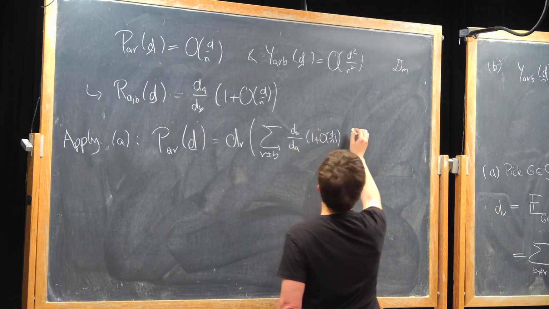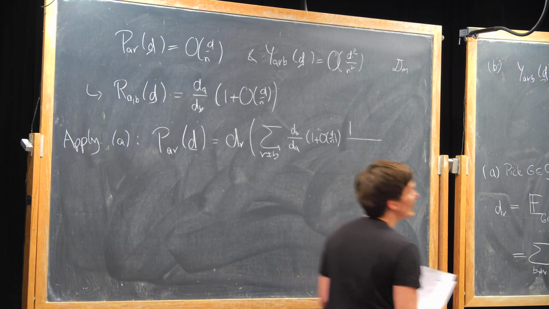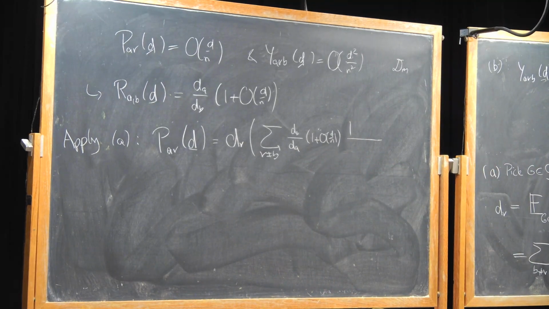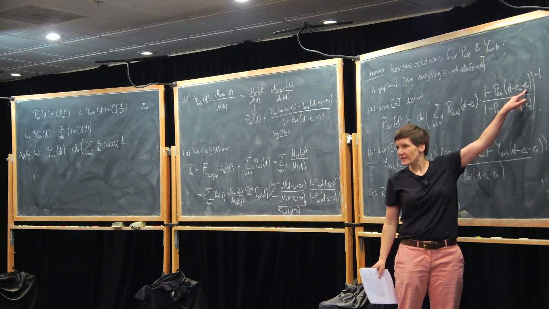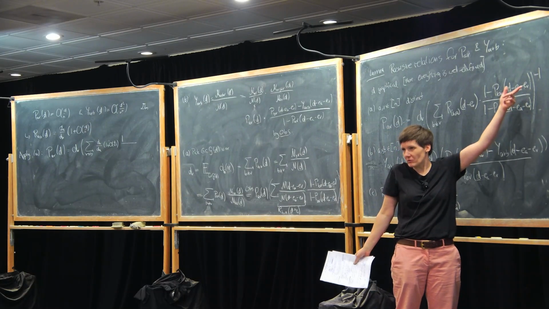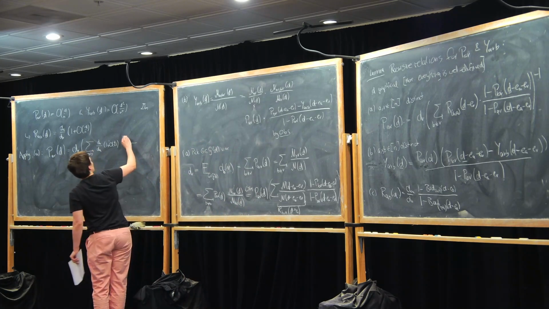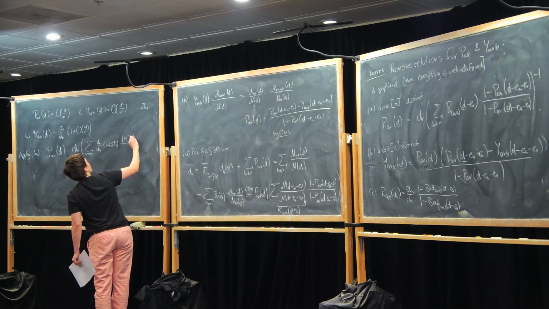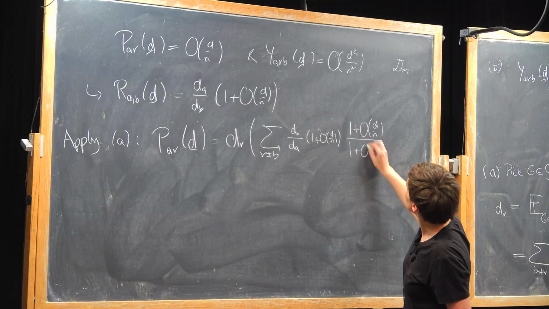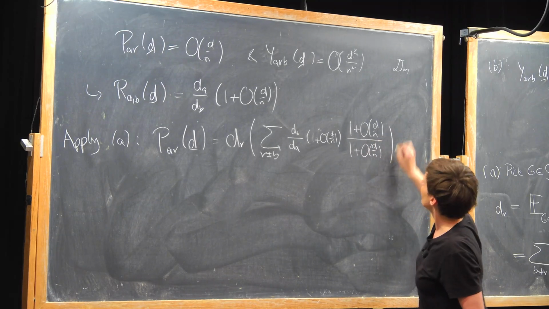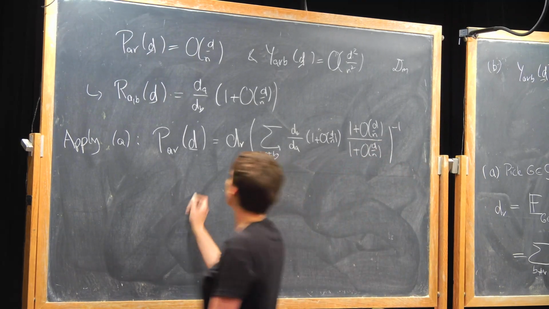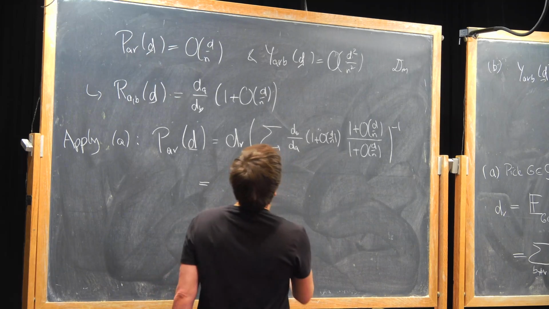And then I have these two probabilities here of a sequence which is at distance 2, but it's also going to be a big O of d over n. So 1 minus or plus big O of d over n, 1 plus big O of d over n to the minus 1. So what is that equal to?